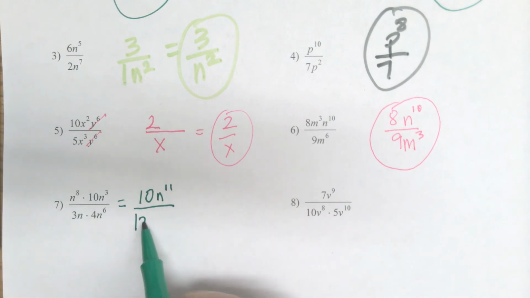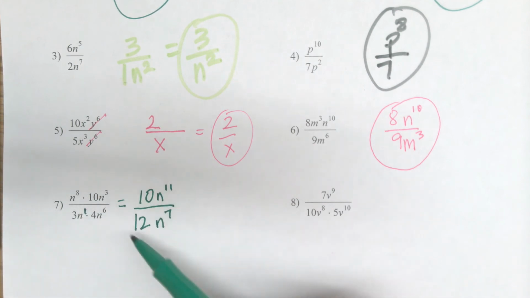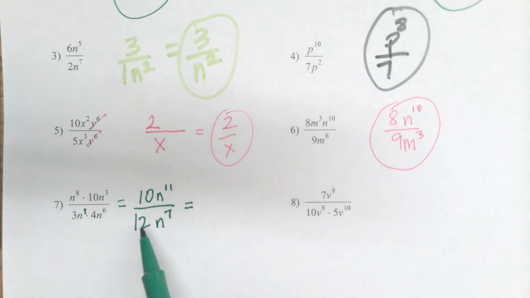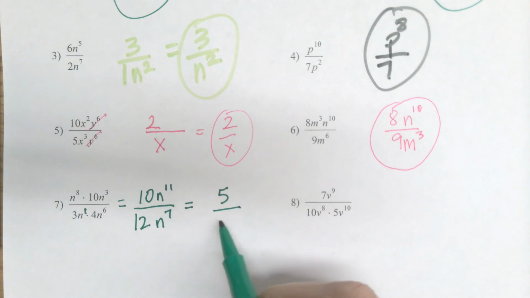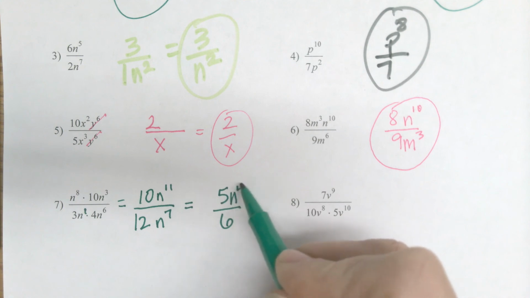Multiply the big numbers and add the powers together, because remember that's n to the 1st. Once I get it all simplified on the top and simplified on the bottom, then I can do the division part of it. I can reduce the 10 and the 12. That's 5/6. As for the n's, I have 4 more on top.